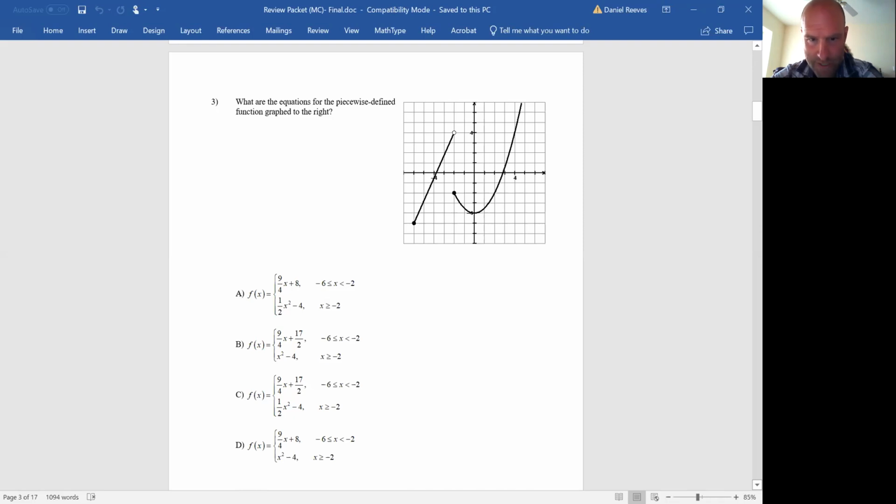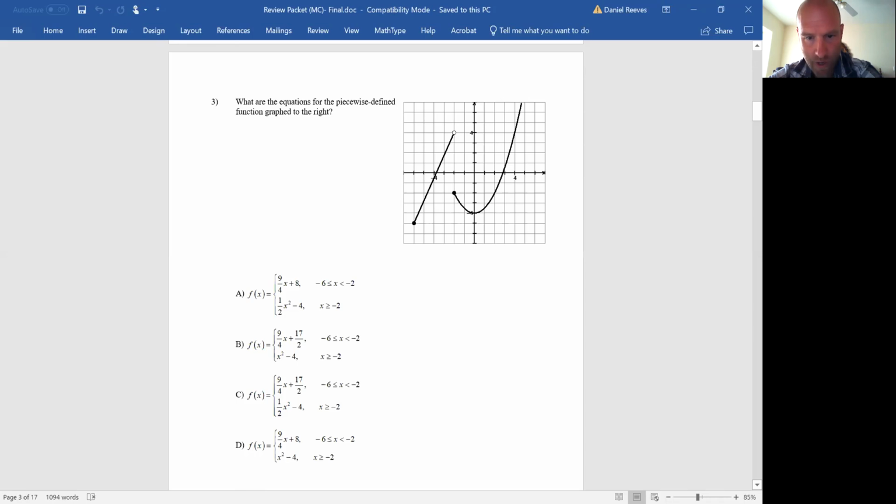Now, is it plus 8 or plus 17/2? I'm going to look for a nice integer value, and it seems like that linear part goes through the point -6, comma, negative, an integer. So if I were to plug in -6 in for x, and plug in 9/4 plus 17/2, I would end up with an integer there.